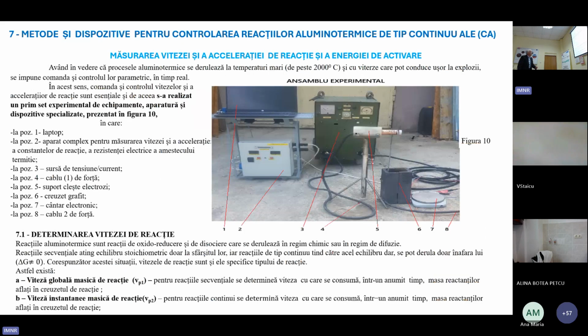Am început cu determinarea vitezei de reacție. Trebuie să vă spun că vitezele de reacție sunt specifice reacțiilor. Dacă avem reacții secvențiale, avem viteza reacției secvențiale, iar dacă avem reacții de tip multisecvențial sau continuu, există o altă viteză de reacție.